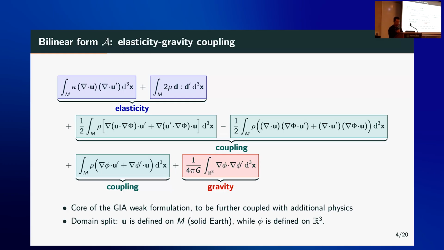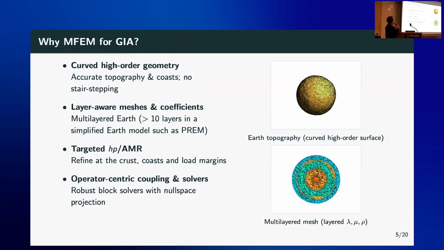infinite domain. The reason why we choose MFEM is very specific. On the right, I showed a sample mesh for our Earth problems. You can see that Earth has some complicated topography, so we need a platform that's suitable for AMR, and we need a high-order geometry mesh.